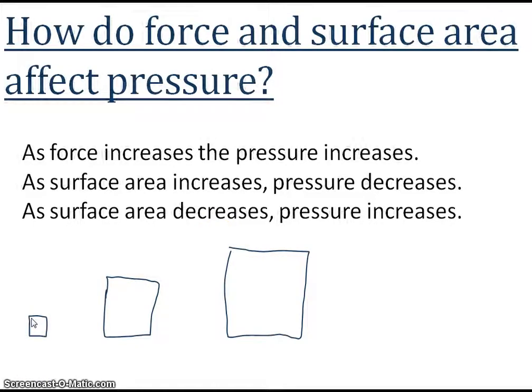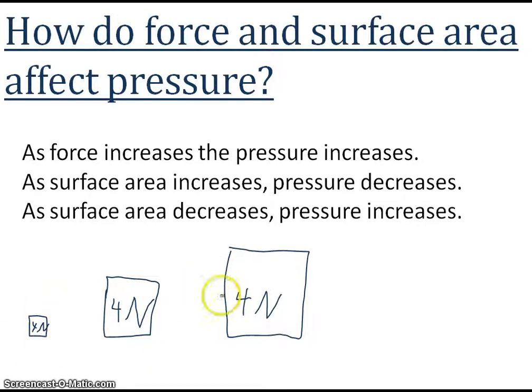We can think back to the example we had earlier. If we have different areas, but we have the same amount of force on each one, let's say in this case we'll say we have 4 newtons on each one of these, which one is going to have the greater pressure? The one with the smaller area. We have all of this force in a smaller area, so we're going to have greater pressure.